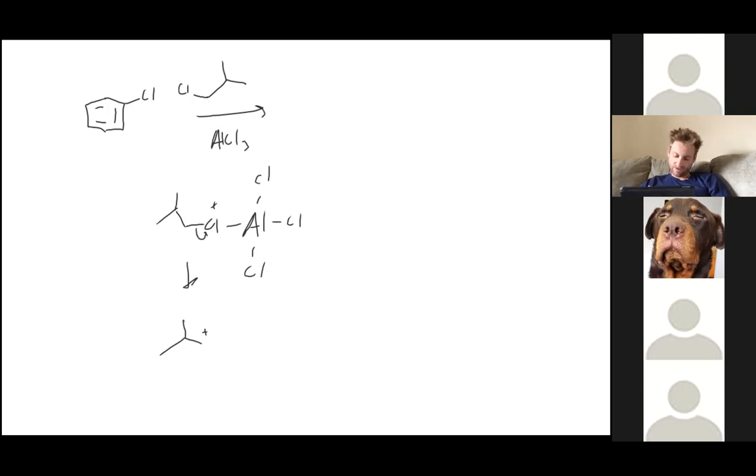From this point, we can have a hydride shift. And now when we do our chlorination, or sorry, our EAS reaction, we're going to end up alkylating and forming a different product than we normally expect.